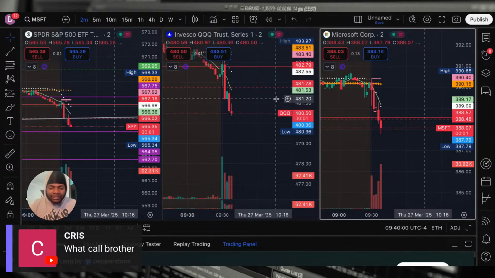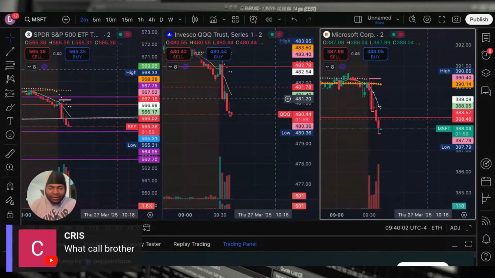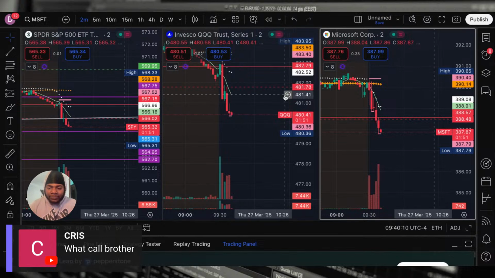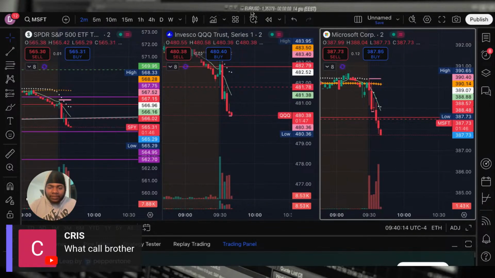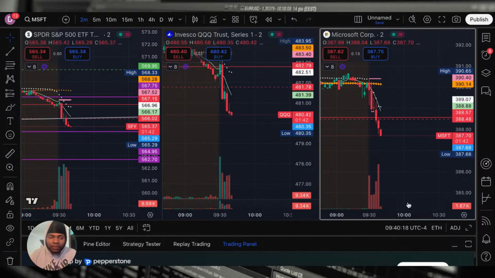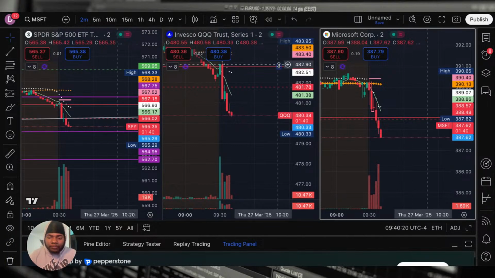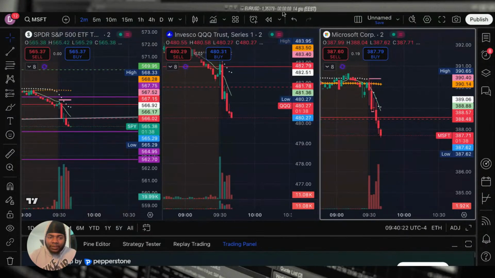Y'all know how the tariff news goes. We could reverse, so take your profits. I'm up 9% right now. Damn, look at Microsoft. Oh, man. Holy smokes. We up 11% right now. Look at Microsoft.